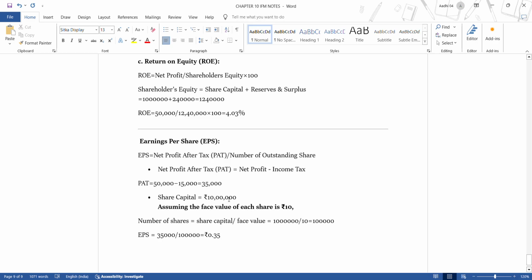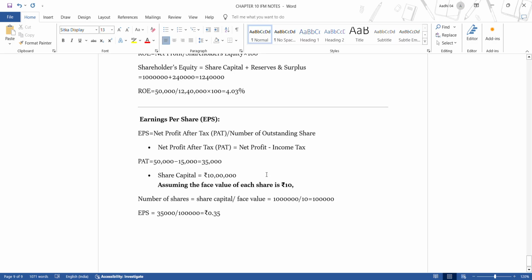Now the last one is earnings per share. EPS is equal to net profit after tax, or profit after tax, divided by number of shares outstanding. Since there is no face value given in the question, we assume the value of each share is rupees 10.